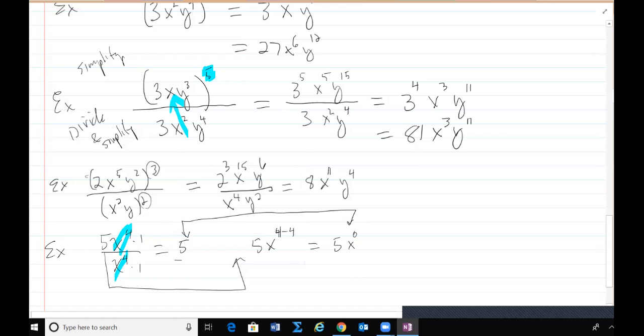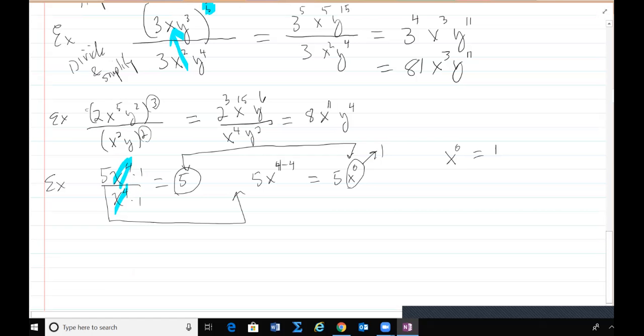So that means this x to the 0 could be thought of as a 1. Now on, anytime you see x to the 0, you make it a 1. This is assuming, of course, that x is not a 0 itself, because 0 to the 0 really isn't defined in any meaningful way.